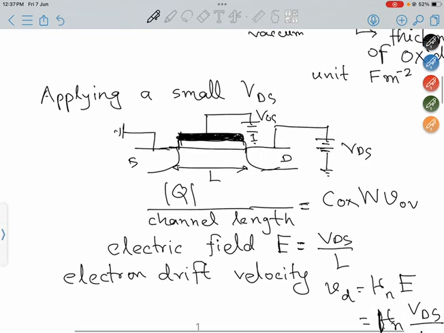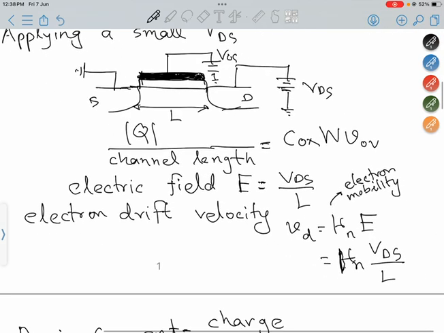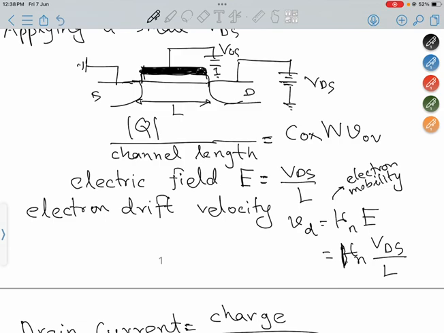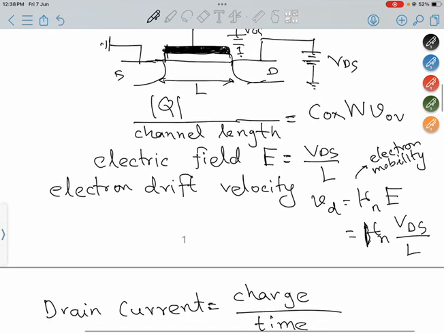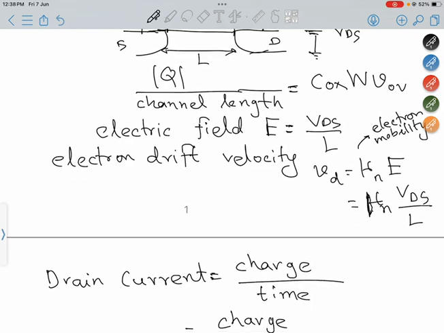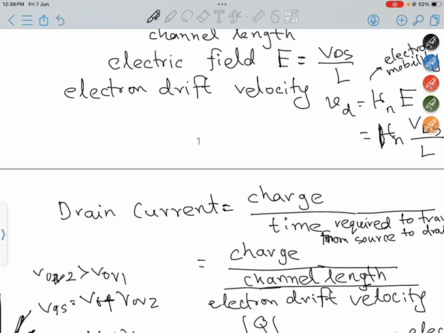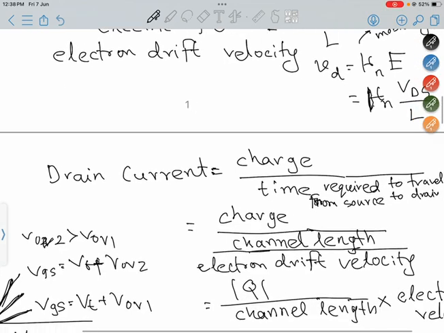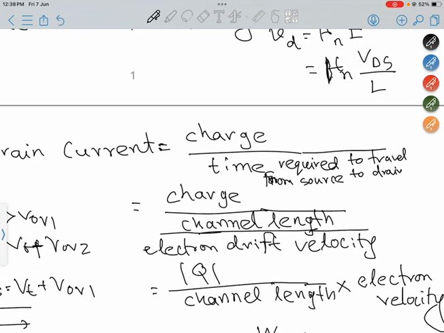Now electron drift velocity VD equals mu n, which is the electron mobility, into E, and that is equal to mu n VDS divided by L. And we know the drain current equals total charge divided by the time required to travel from source to drain, which is equivalent to charge divided by total channel length divided by electron drift velocity, which is Q by channel length into electron velocity.